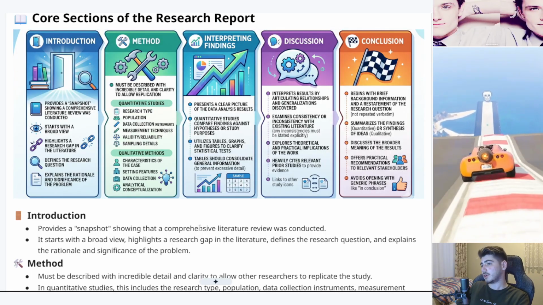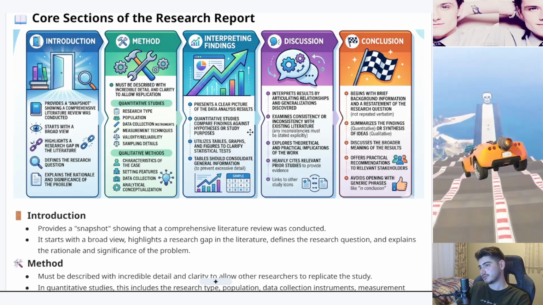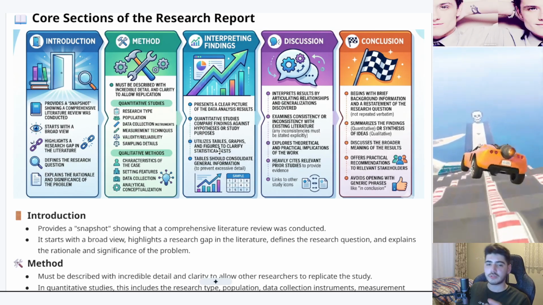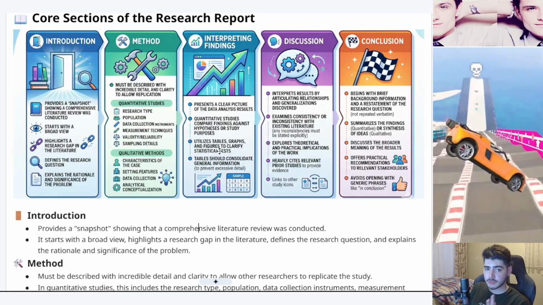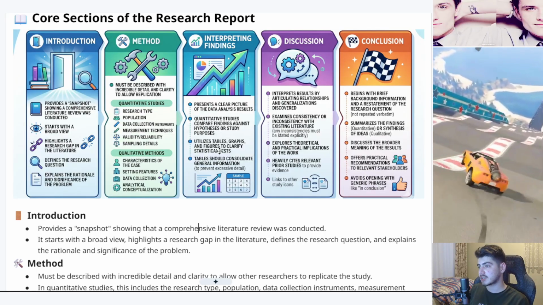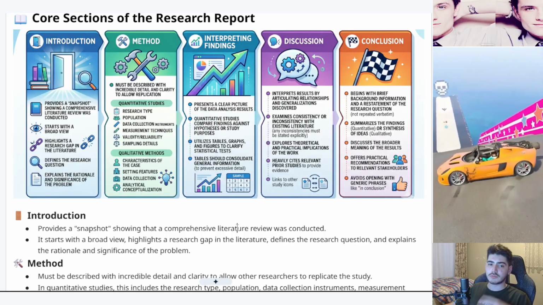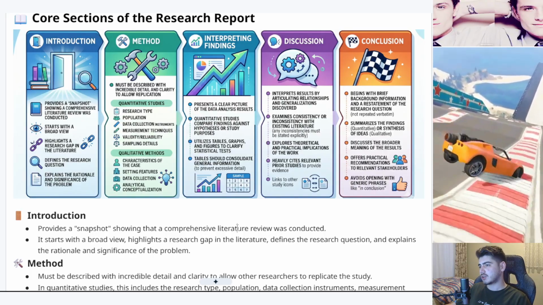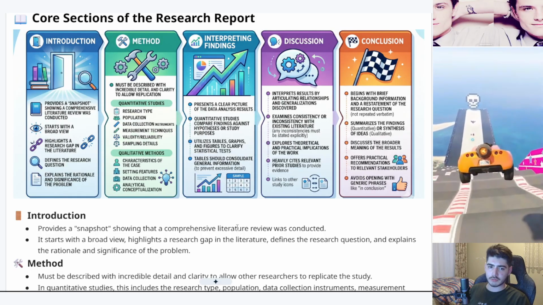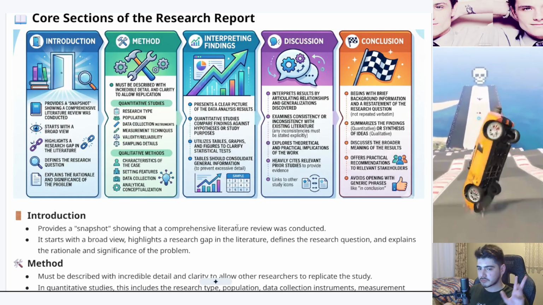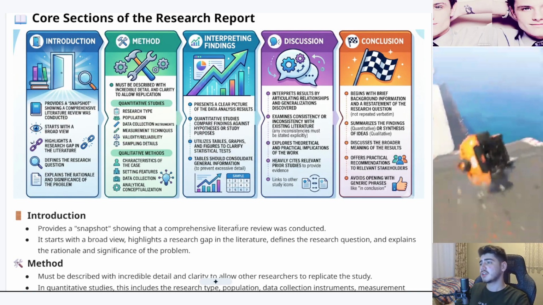Quantitative studies compare findings against hypotheses or study purposes. It utilizes tables, graphs, and figures to clarify statistical tests. And tables should generally be consolidating information to prevent excessive detail. It's just a note, I guess.